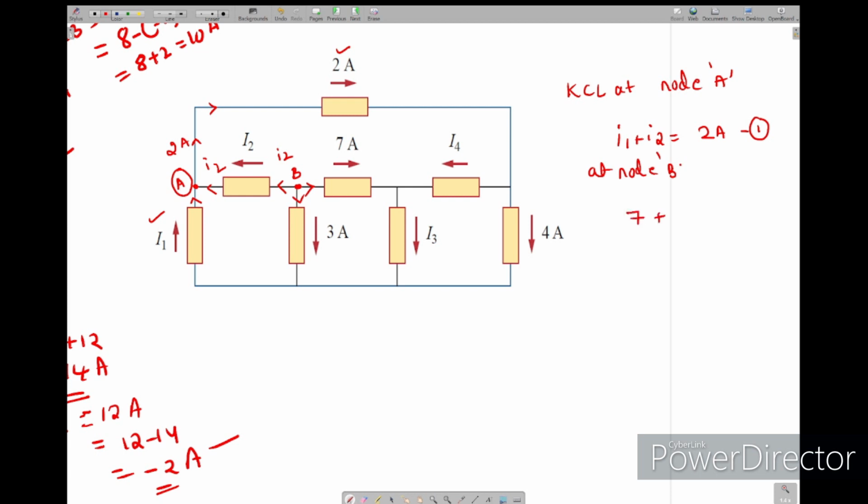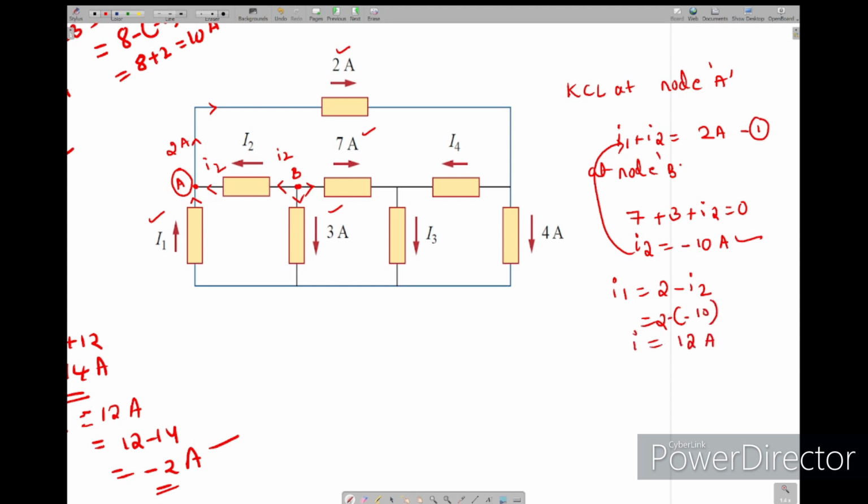So the sum of 7 amps, 3 amps plus I2 equals 0. By this, I2 we got as minus 10 amps. Now we put I2 in this equation. So I1 equals 2 minus I2. So 2 minus of minus 10, we got 12 amps. So we found I1 and I2.